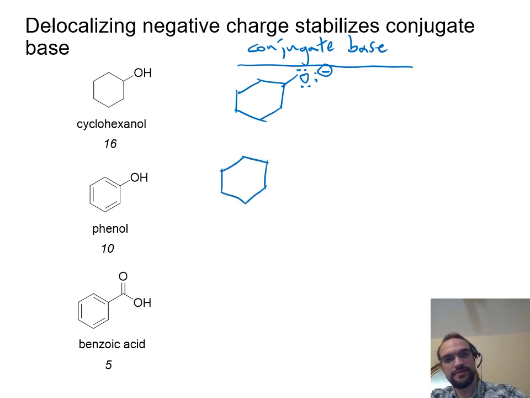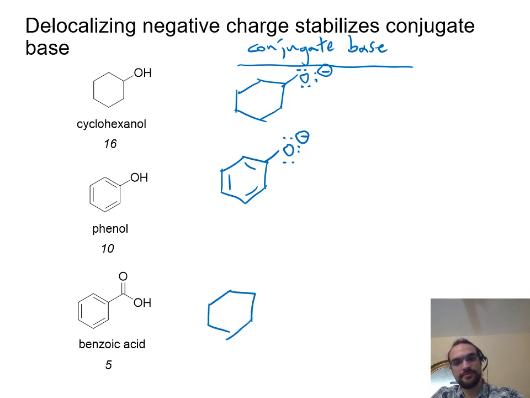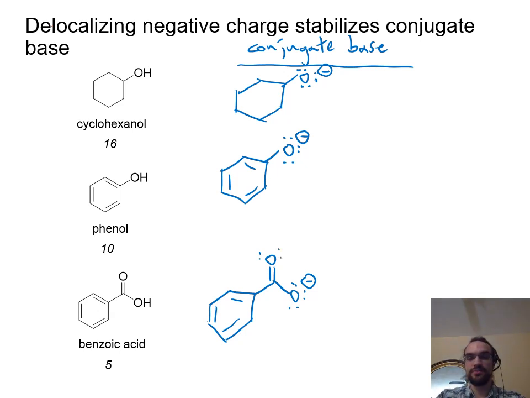Phenol also loses an H, loses the proton, put negative charge on oxygen. Benzoic acid also has negative charge on oxygen. So from that standpoint, they're all on oxygen. Oxygen is the same size, equal electronegativity.